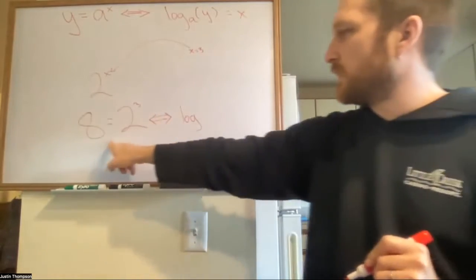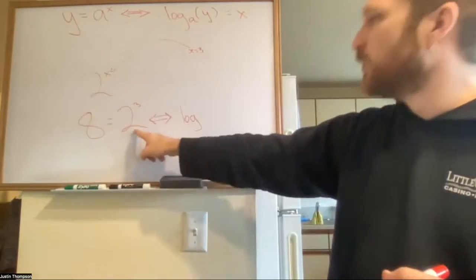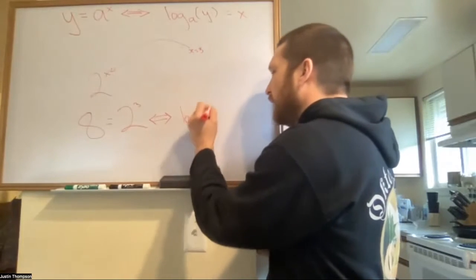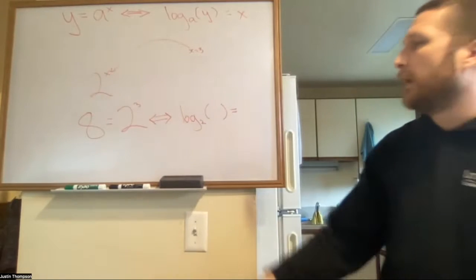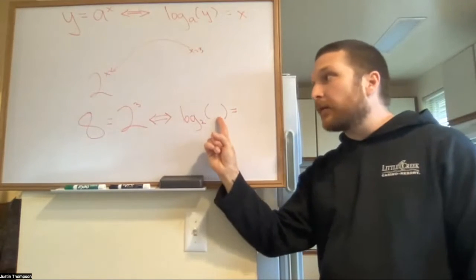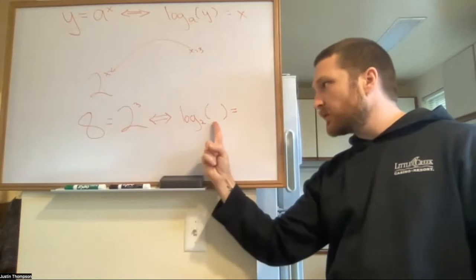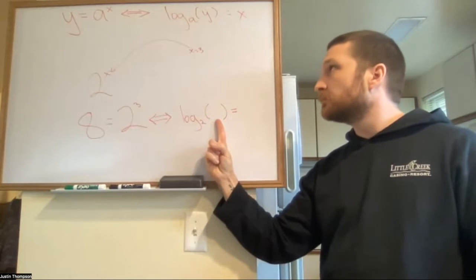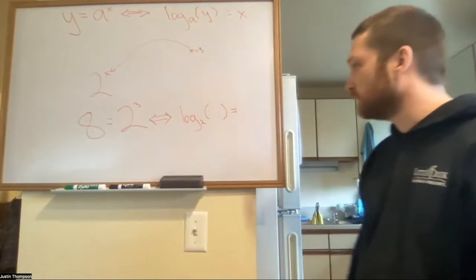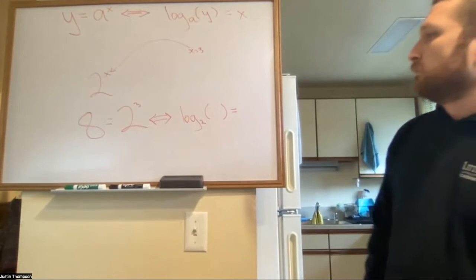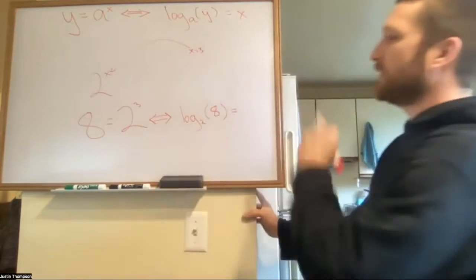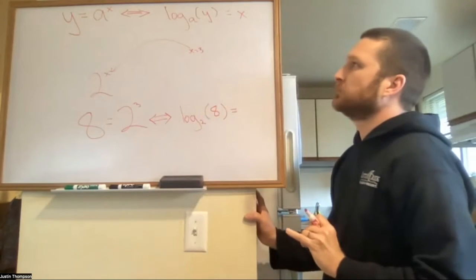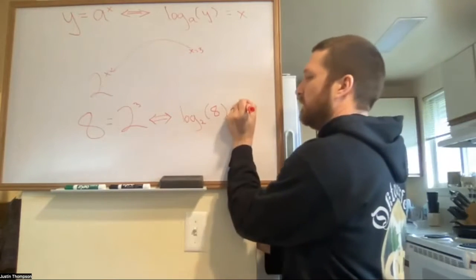I just look at this equation and say, okay, what's the base? 2's the base. And now we're basically swapping the roles of input and output. So what goes in here for this equation? 8. And now what's the new output? 3. That's it. That's all it means.